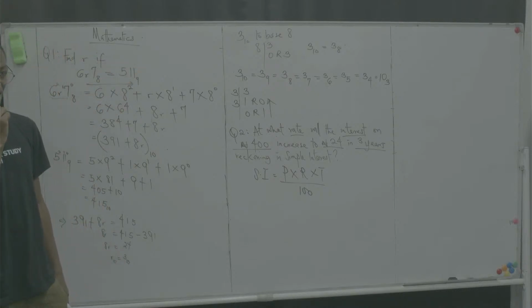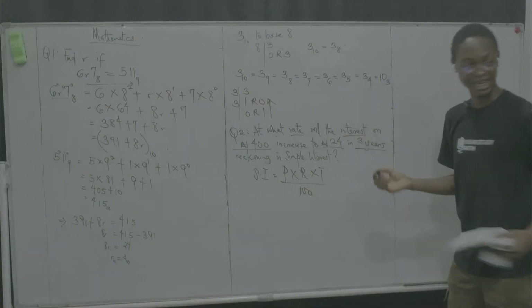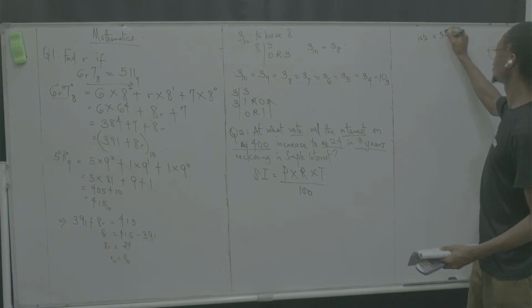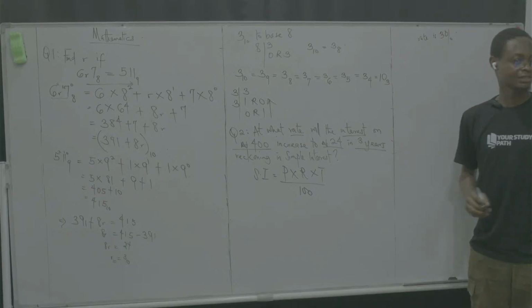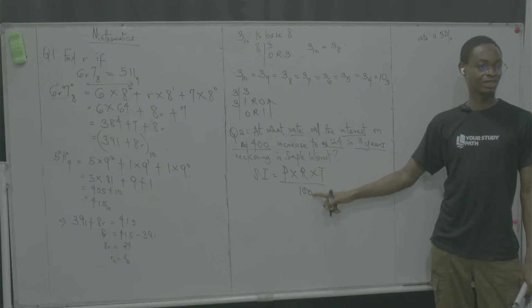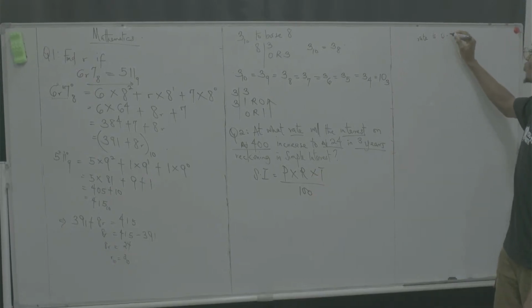Are we together? For instance, if we say the rate is 3%, right? We just put R to be equal to 3, Abi, because it's over 100. But what if I tell you the rate is 0.03?